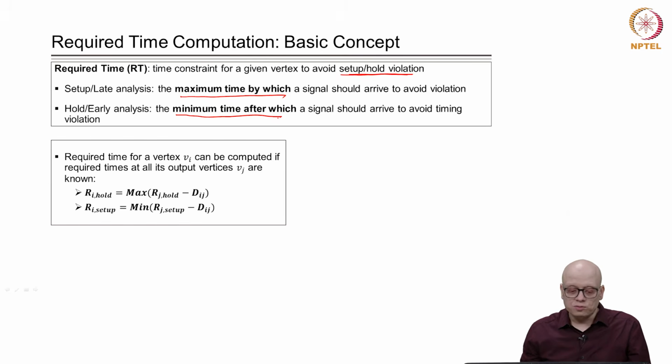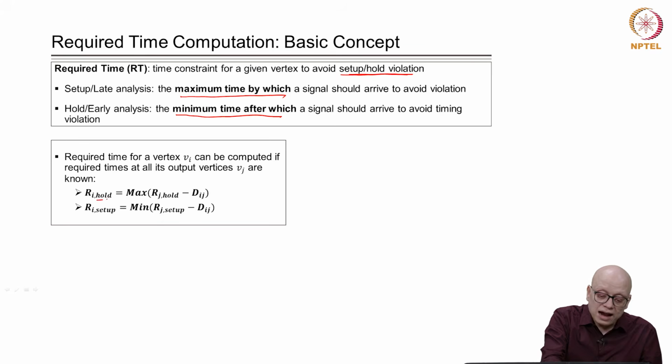So, now given a vertex and the outgoing edges, we can compute the required time by looking in the fan-in cone, right, and based on it the tool will find two types of bounds on the required time, one related to the hold and the other related to the setup.